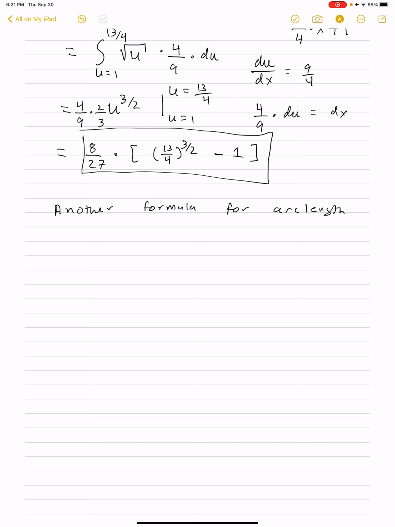And this one is if you need to integrate with respect to y. So this would be y equals a to y equals b. And here you're going to have the derivative of x with respect to y squared. We're going to add 1, and we're going to multiply by dy.